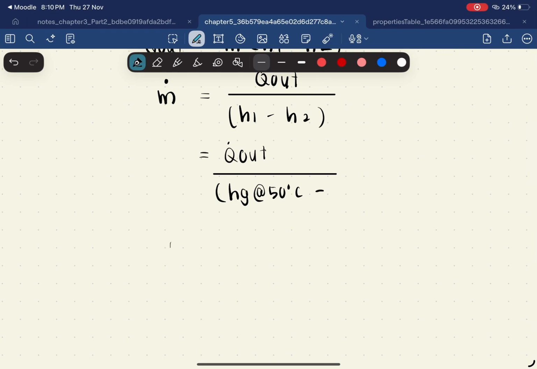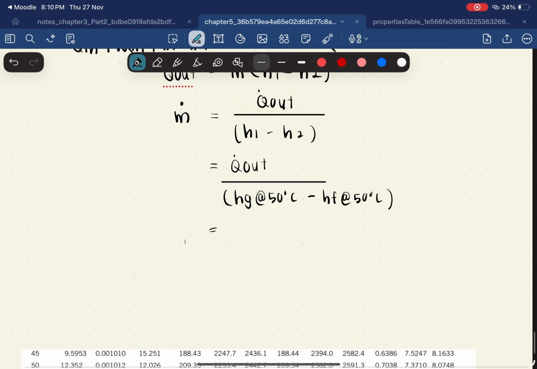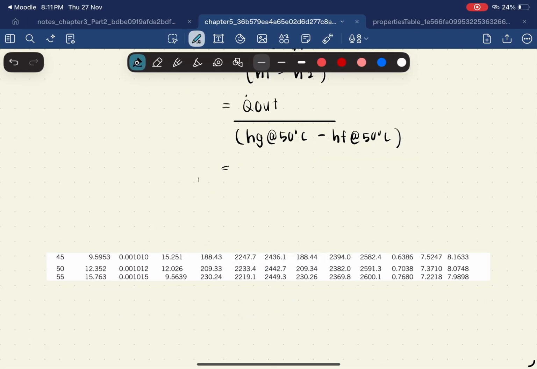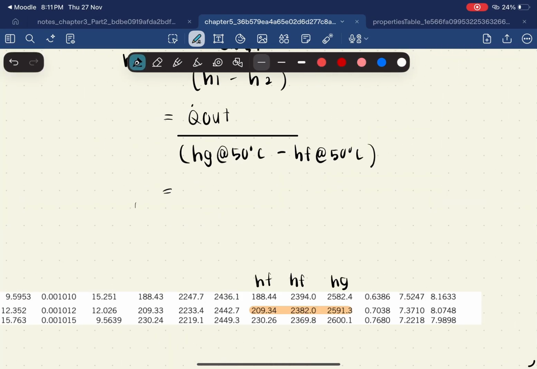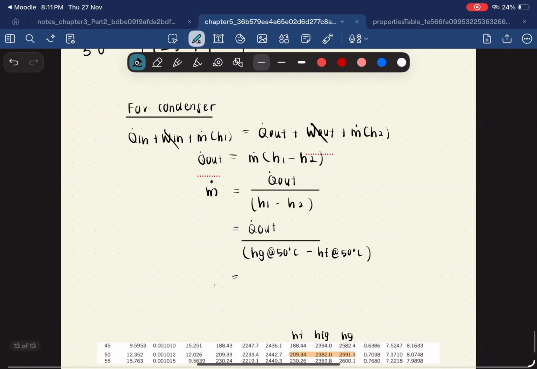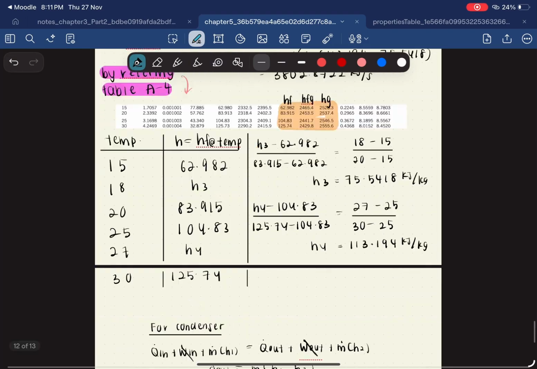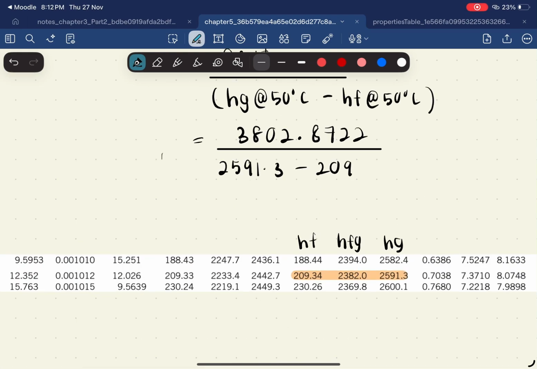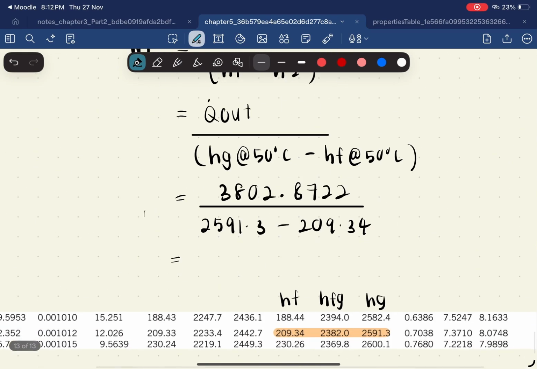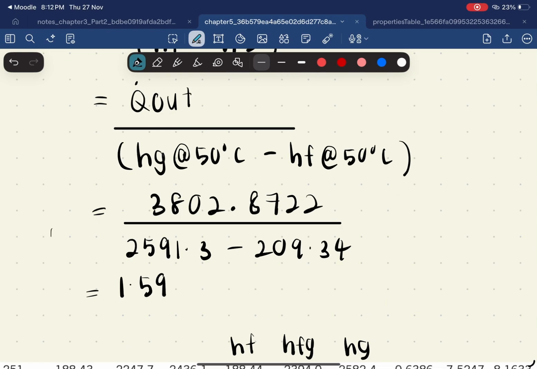So we know that this is the gas and the liquid. We can refer to the table A4 for the internal energy of saturated vapor and of saturated liquid, and with those values we can calculate the final answer.